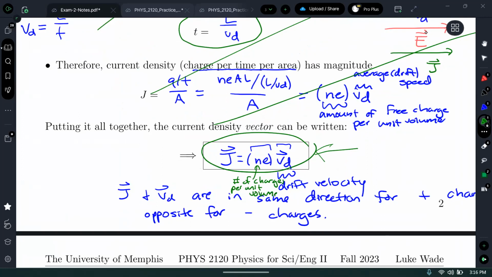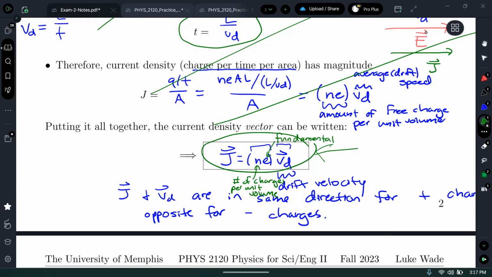Meaning I have 1 billion electrons per cubic meter of material is one example of N. In E, we multiply by the fundamental charge E, tells me how much charge I have per unit volume. And so if I had 1 billion electrons per unit volume, I would have 1 billion times 1.6 times 10 to the negative 19, whatever that number comes out to be, coulombs of charge per unit volume.